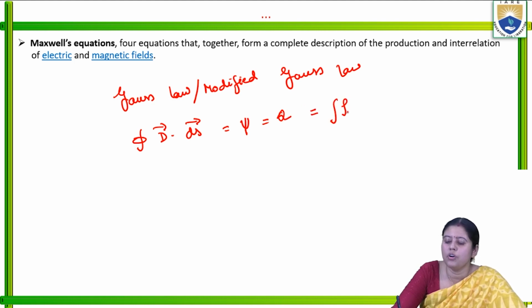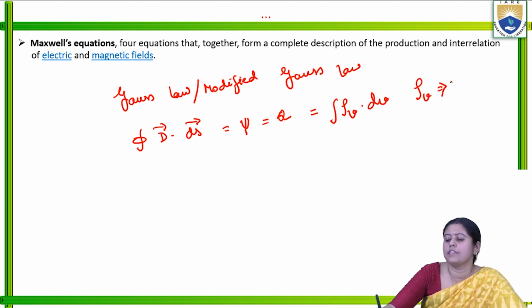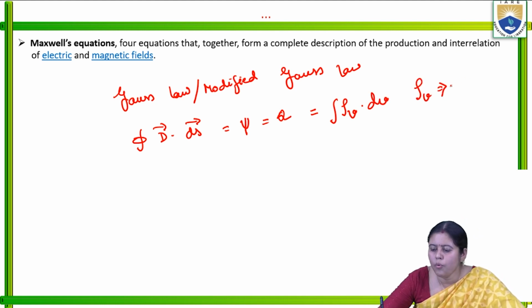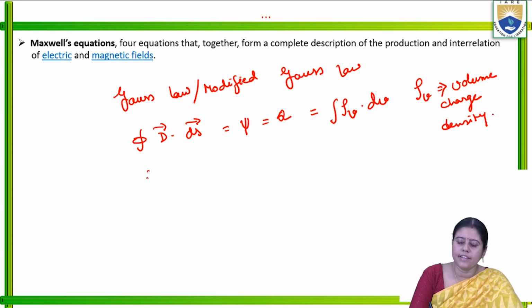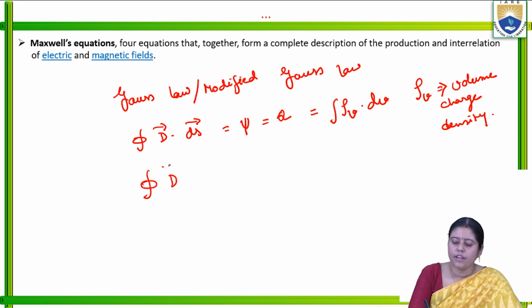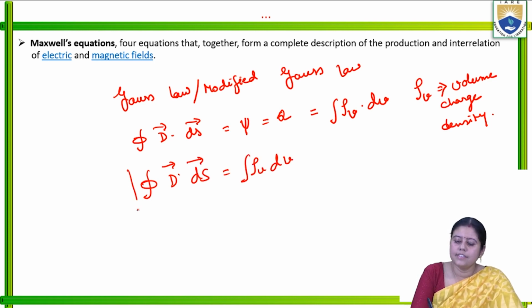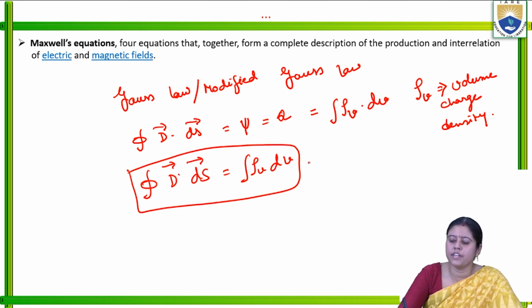Q is equal to the integral of rho v dv, where rho v is the volume charge density. So we can write D dot dS is equal to the integral of rho v dv, and this is Maxwell's first equation.